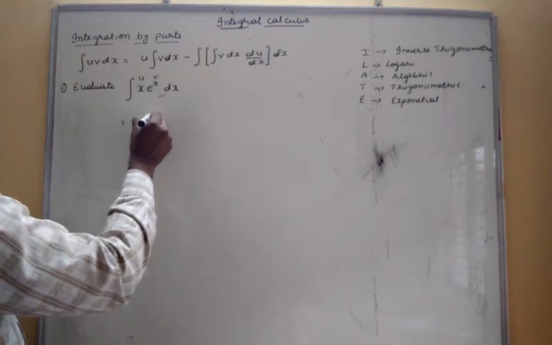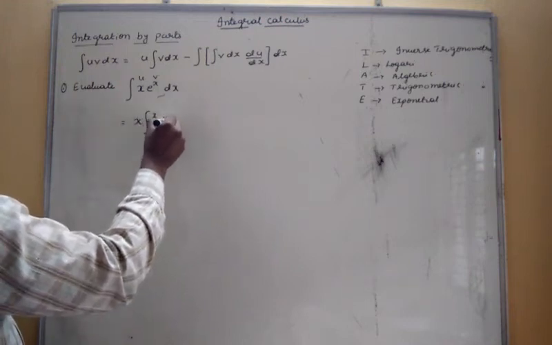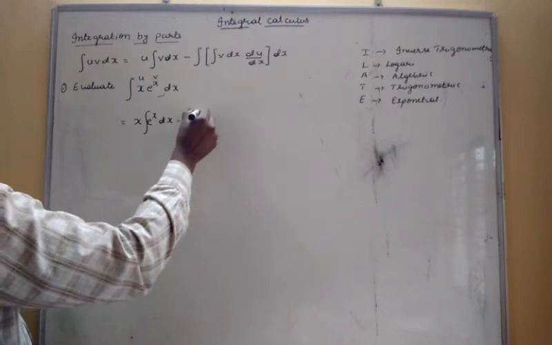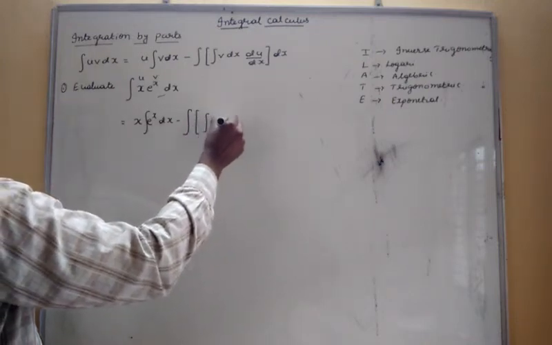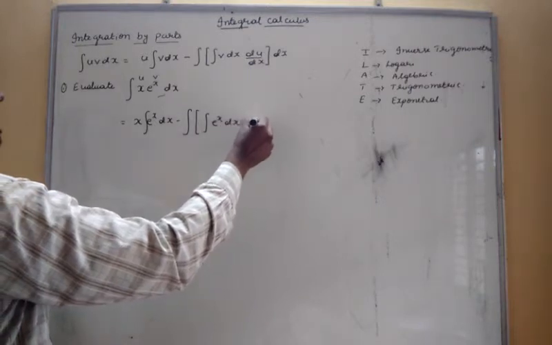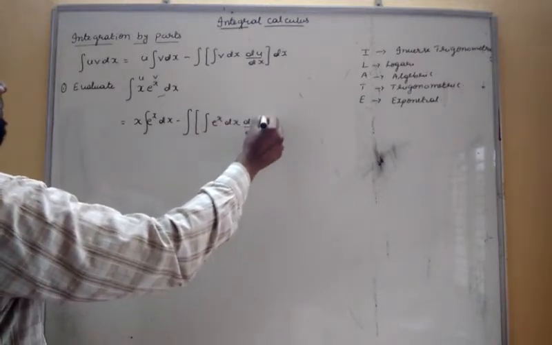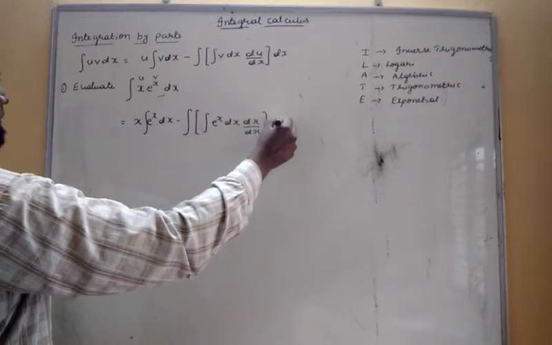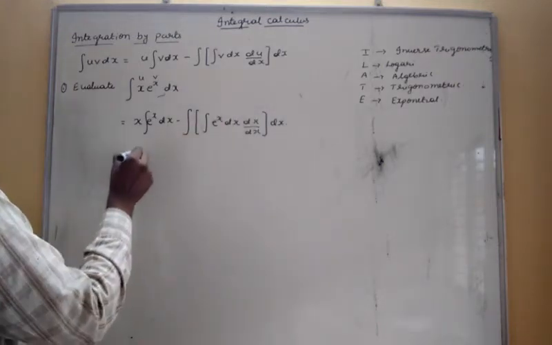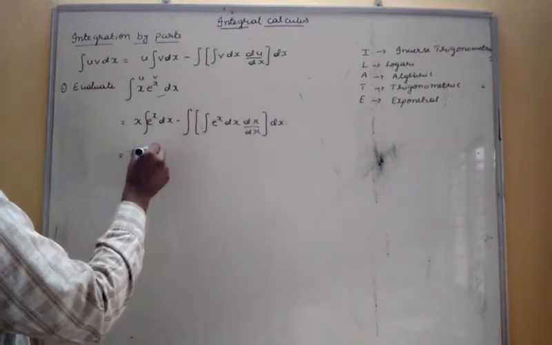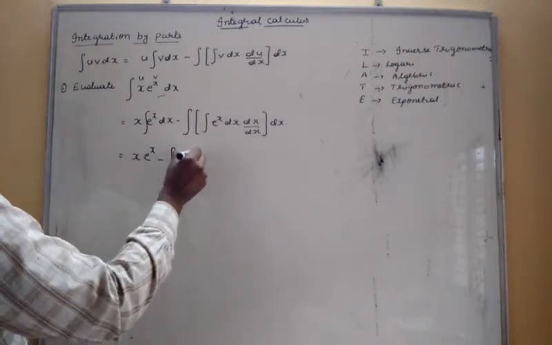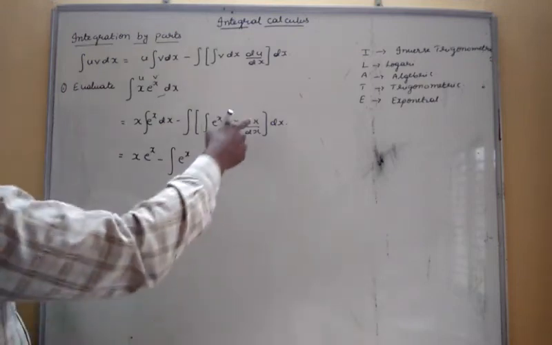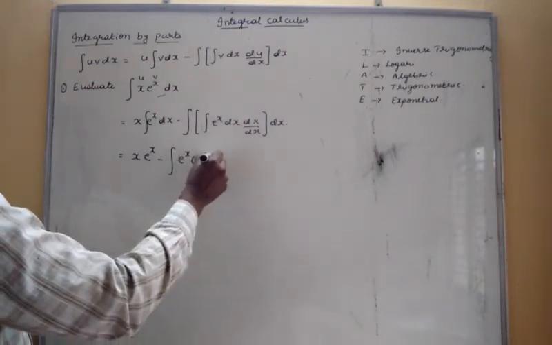First function times integration of second function, then minus integration of integration of second function times differentiation of first function. Then x as it is, integration of e to the power of x is e to the power of x, then minus integration of e to the power of x, differentiation of x is 1, dx.